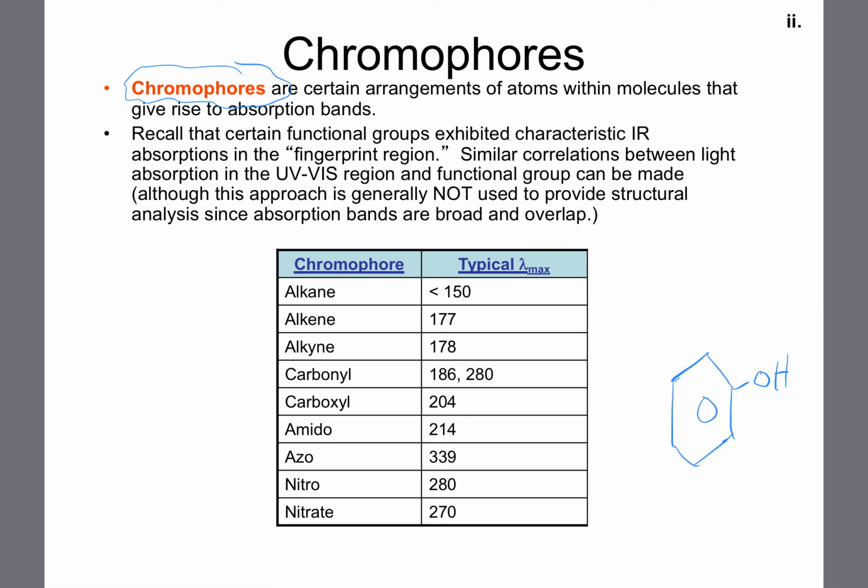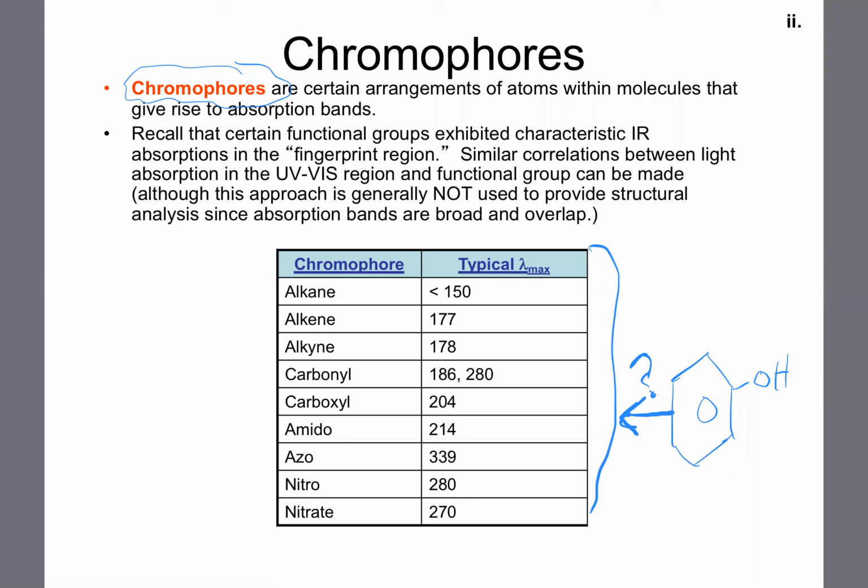I'm not going to confirm that the structure is present by an absorption feature, but I can go the other way. I could say, here's my structure. What wavelengths will it absorb? That's what this table of chromophores is useful for.